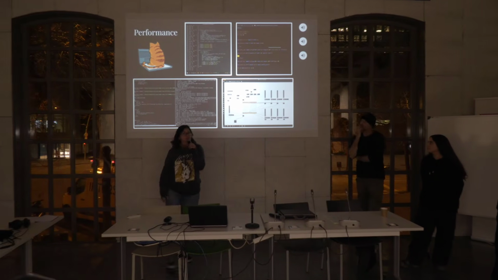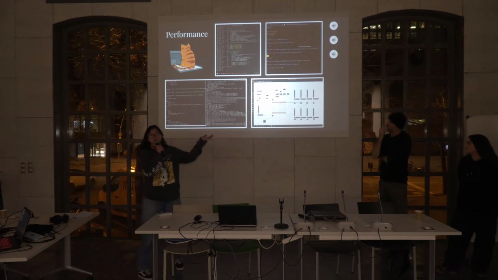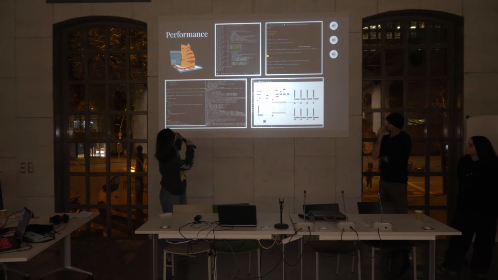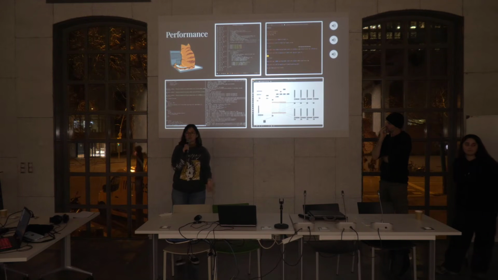What we did for the performance was to use these different systems that Roger mentioned before. We use RAVE in SuperCollider and in Max/MSP with a library that you probably already know.